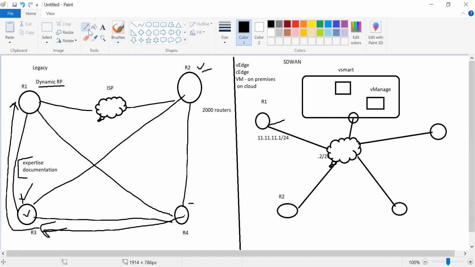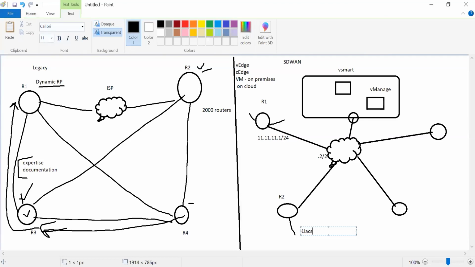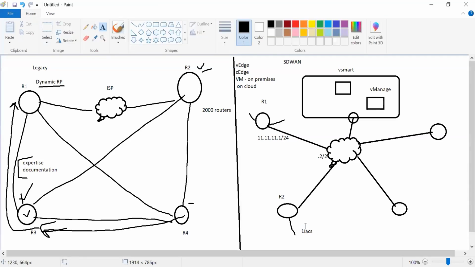However, the LAN subnets behind the LAN of these devices, there can be, let's suppose, 2000 routes, right? There can be 1 lakh routes. Those 1 lakh routes would be overlay on top of an IPsec tunnel, which would be formed from R2 to vSmart. We form this overlay IPsec tunnel to vSmart from each and every device.